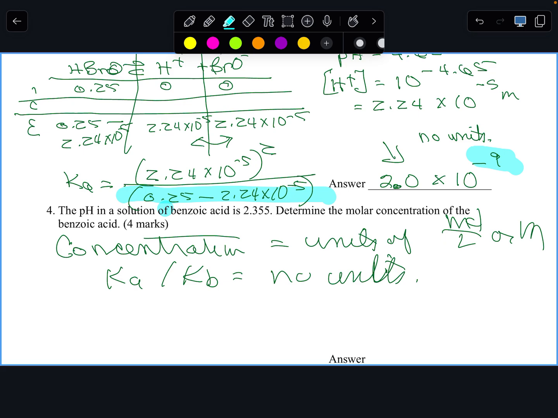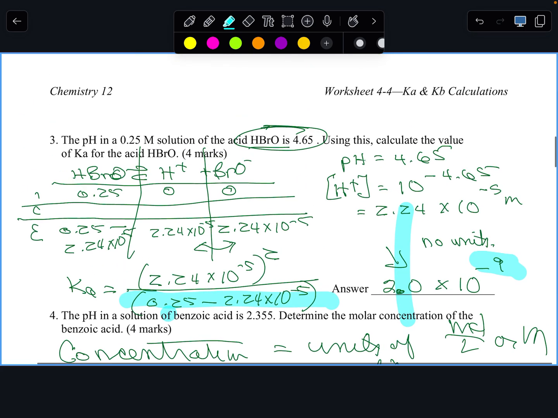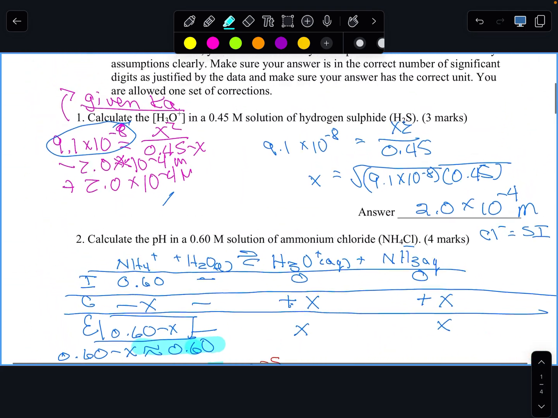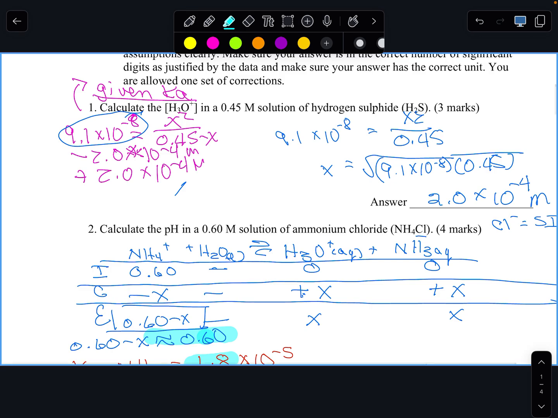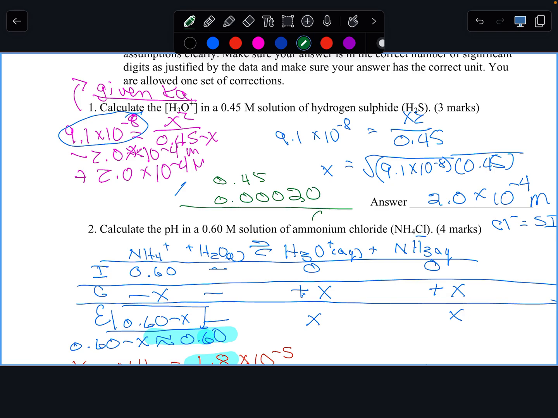And if you stop and think, I want to go back to one more problem since I have a little time here. This problem right here, where I said you could ignore the 0.45, watch what happens if I take 0.45 minus 0.0020. That will come out to this value. I can only, whoops, that should be a 4. So this can only be significant to here.